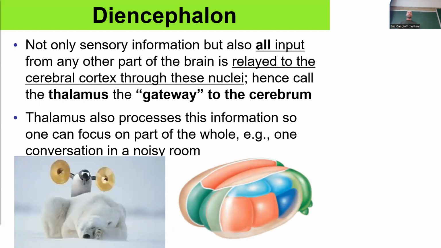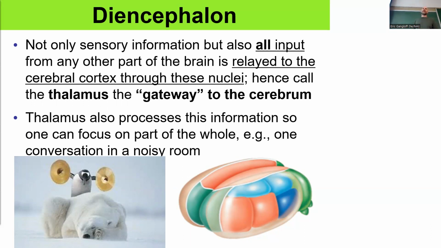The thalamus processes sensory information, but importantly, information from all parts of the brain that goes through the cerebral cortex is relayed through these different nuclei. So information going to and from the cerebral cortex goes through these nuclei. What's cool about these functionally is they act as a kind of gateway.